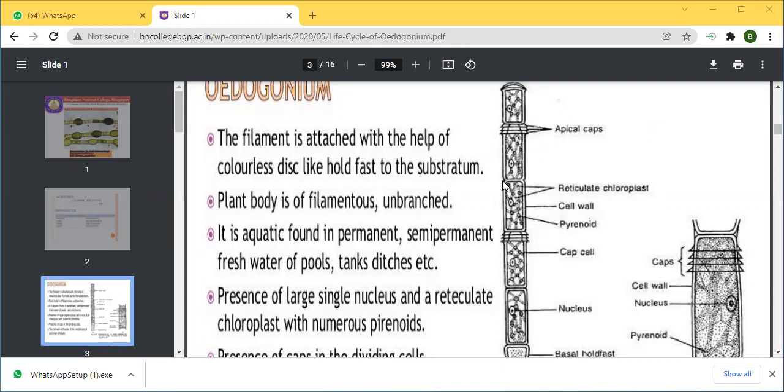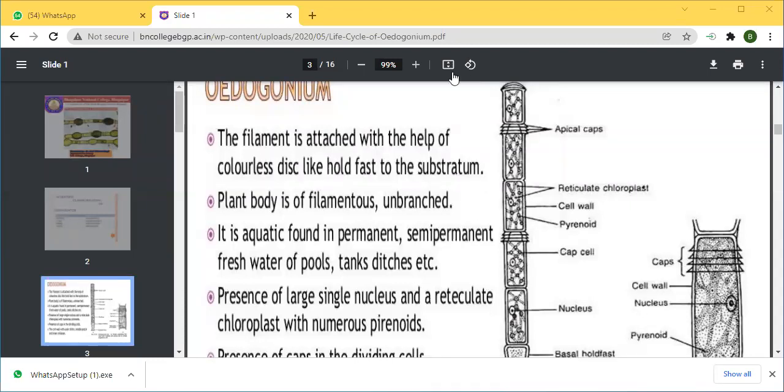Sometimes you can observe it free floating in water also. Oedogonium is a freshwater alga, found in permanent water bodies like pools, tanks, lakes, and floating water.